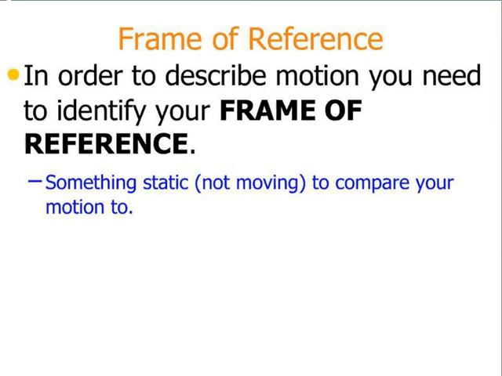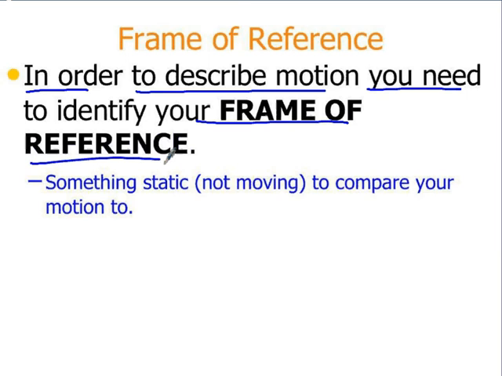But if you look off at a tree on the side of the road, you can definitely tell how fast you're moving. So, frame of reference. In order to describe motion, you need a frame of reference.